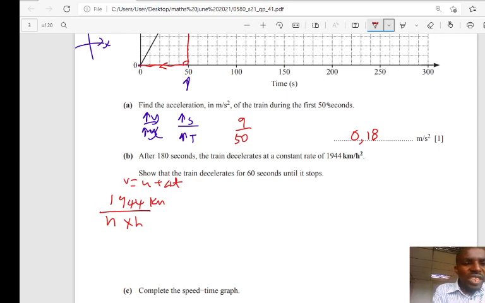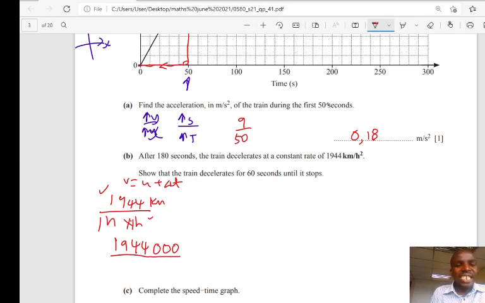Then you have to convert the numerator to meters, and this 1 hour times 1 hour to seconds. So 1944 to meters. From kilometers, 1 kilometer is 1000 meters. So you multiply by 1000 here, you add 3 zeros, over, then you say 1 hour into seconds.